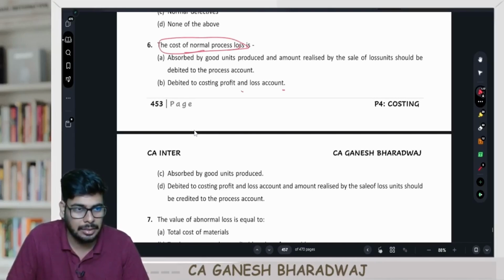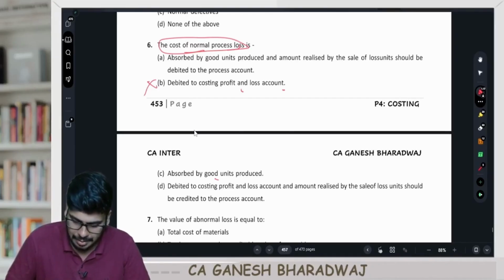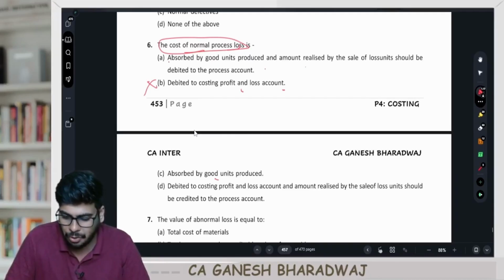Think and answer. Yes or no? No, definitely not. It is not even valued separately. Then absorbed by good units produced. This is one thing they have said. And then the first one, is it correct? Absorbed by good units produced, and the amount realized by sale of lost units should be debited to process account. Is this correct?